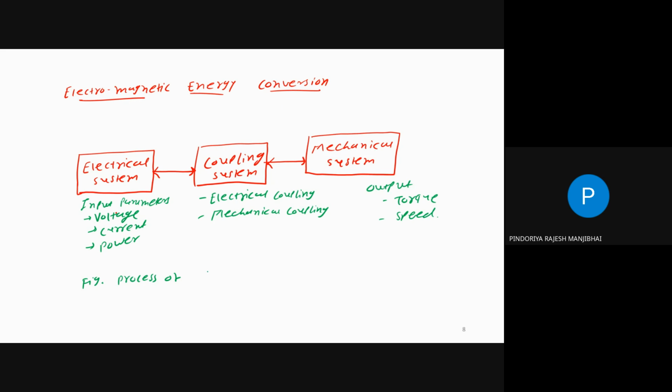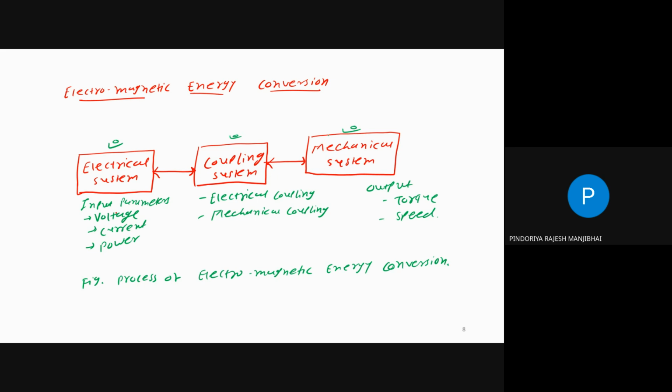So overall this figure shows the process of electromagnetic energy conversion. This is the simple flow chart, otherwise simple block diagram, of electromagnetic energy conversion. We have the electrical system, coupling system, and the mechanical system.